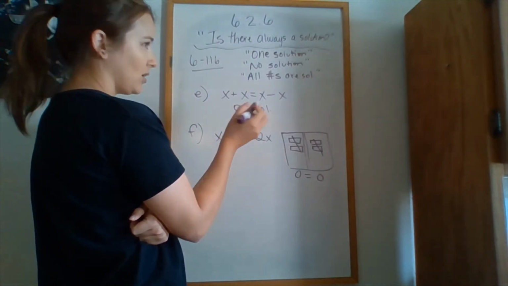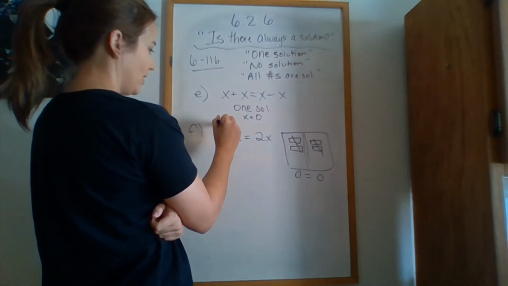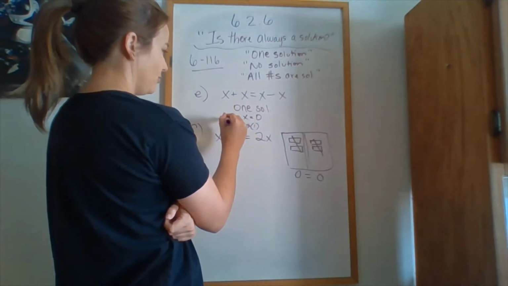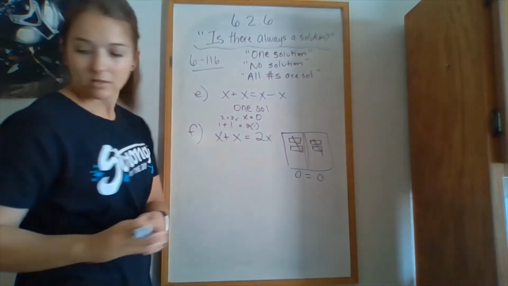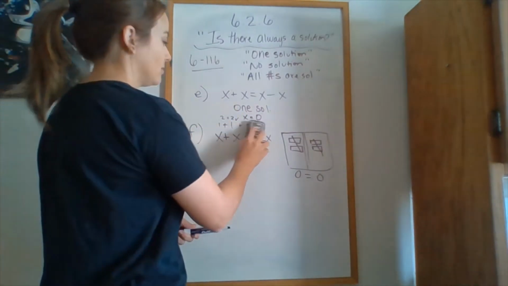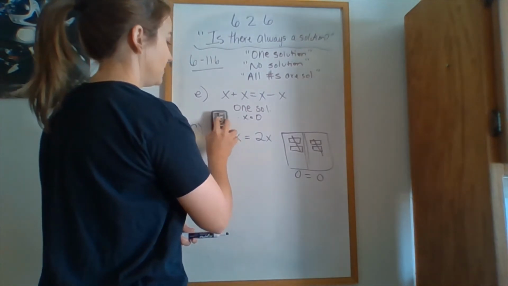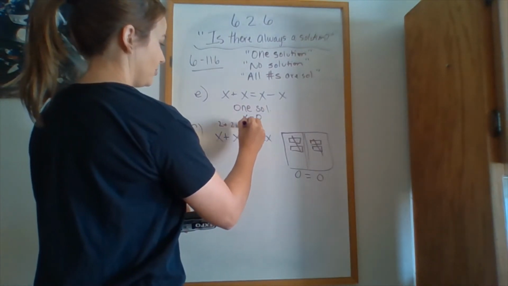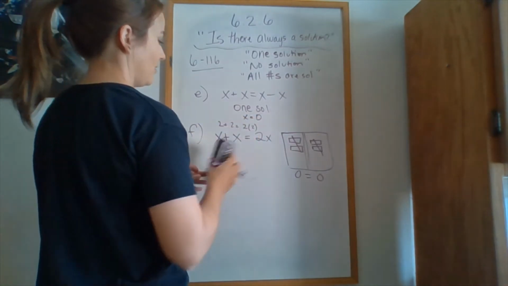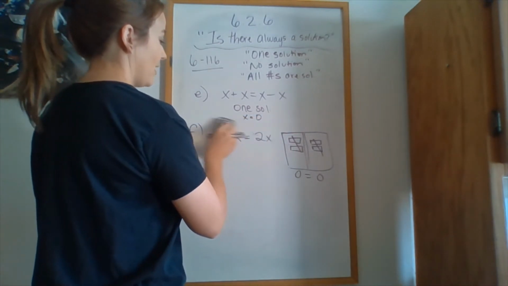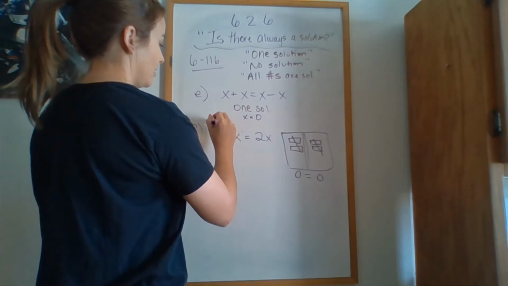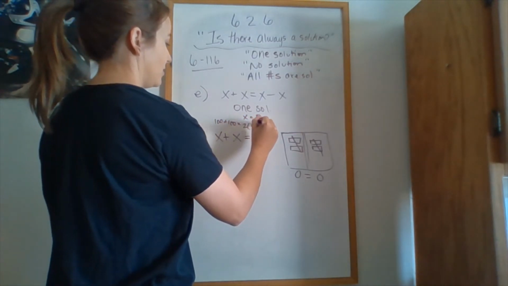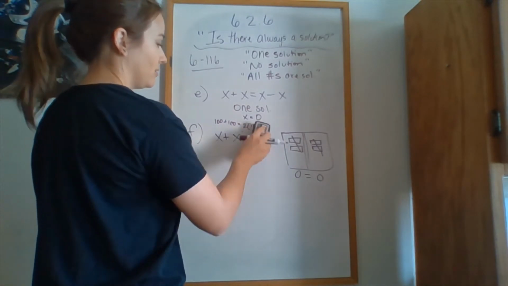Let's try plugging in 1. 1 plus 1 equals 2 times 1. 2 equals 2, that works. Let's plug in 2. 2 plus 2 equals 2 times 2. 4 equals 4, that works. Let's try 100. 100 plus 100 equals 2 times 100. 200 equals 200.